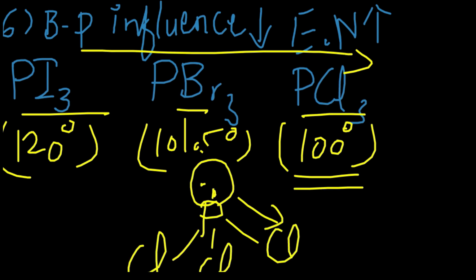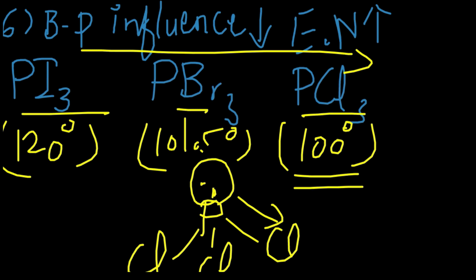This is because chlorine will attract the bond pair towards itself, and the probability of the bond pair being closer to the phosphorus decreases, giving more room to the lone pair to expand around the central atom, resulting in closure of bond pairs and ultimately decreasing the bond angle. That's why PI3 has the greatest bond angle, where iodine is the least electronegative.